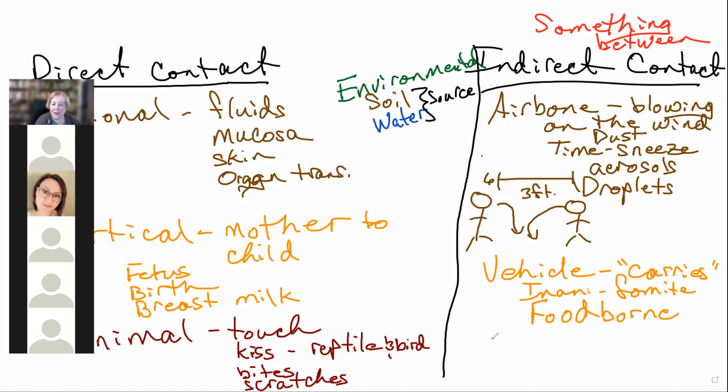And then we also have waterborne. This is the one that can be kind of tricky, keeping waterborne separate from water as an environmental source. For environmental, it's if the pathogen normally lives in the water. If it's waterborne, they normally live in a person.